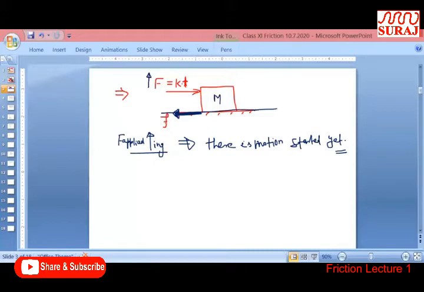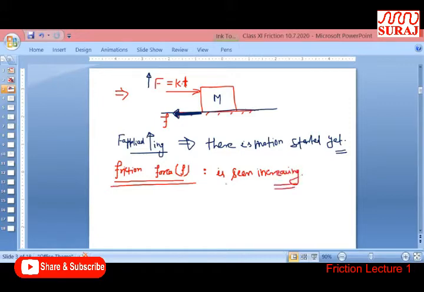Then what happens? This friction force, I will write this with small f, is seen increasing.